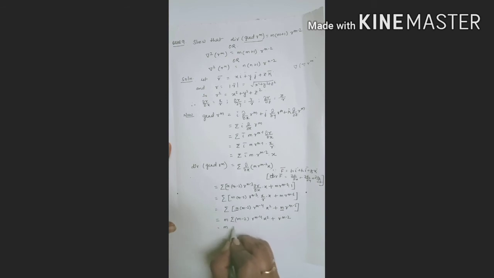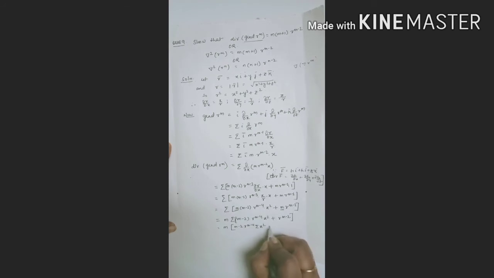Now let's take the summation over the x terms. Since this is a summation of two terms, let us distribute the summation inside. So we have m minus 2 r to the power m minus 4 summation x square plus summation r to the power m minus 2. This term is very important.